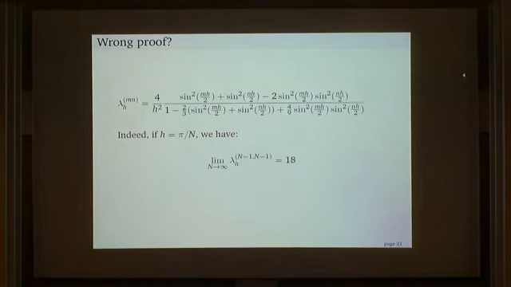Well, but sometimes proofs seem to be correct, even if they're not. So if instead of taking the limit when h goes to 0, you link h with m and n, so you're not aiming at the pointwise convergence when you fix m and n, but some sort of uniform convergence for all the spectrum, you get that the limit is exactly 18.